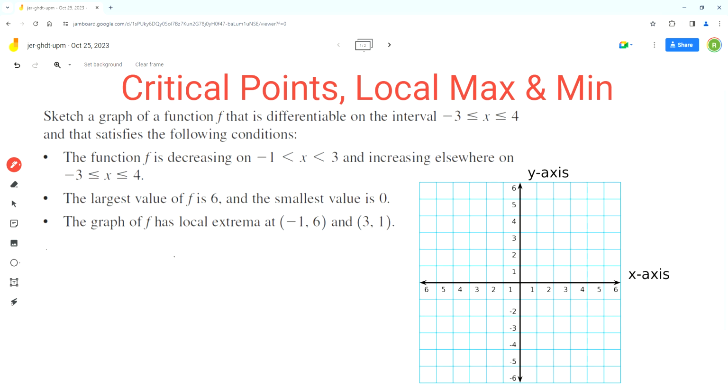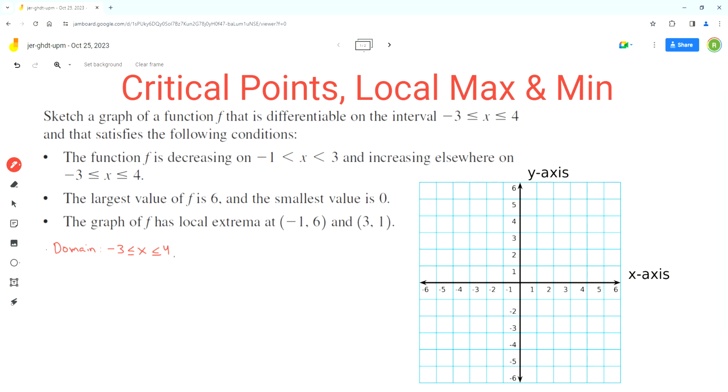So the given interval represents the domain of this function. That means the graph that we draw should be within this interval. We should not sketch the function outside this interval.